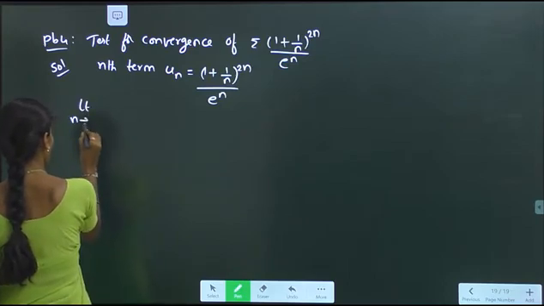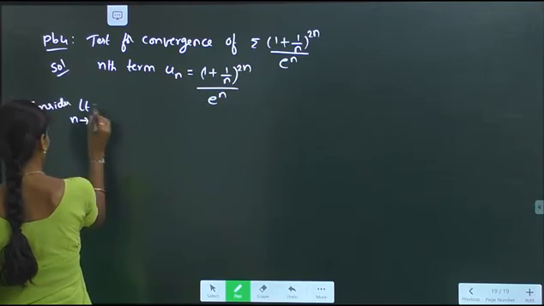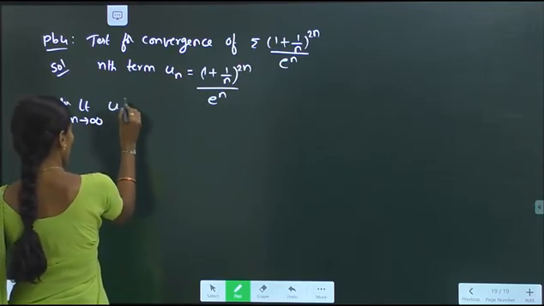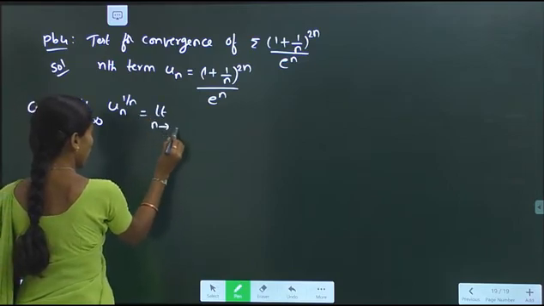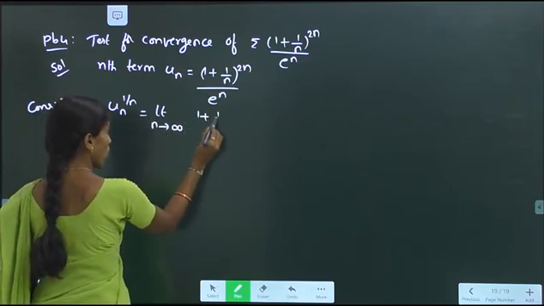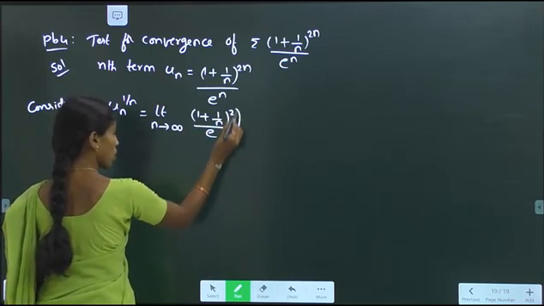Now consider limit n tends to infinity un to the power 1 by n, which is limit n tends to infinity 1 plus 1 by n whole square by e whole to the power n.